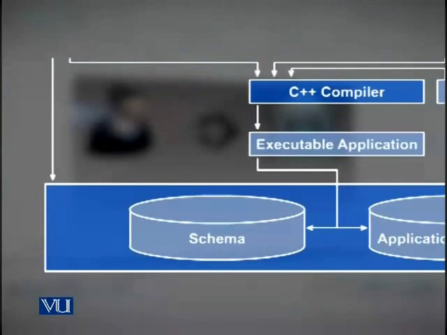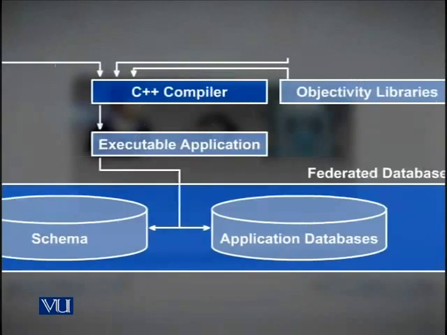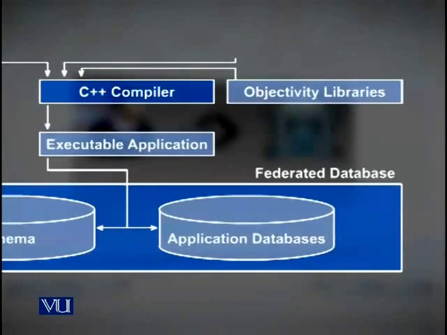And if any Objectivity libraries are used within your application, those are also given to the C++ compiler. The C++ compiler compiles all these files and creates an exe file, which is your executable application program. This application then interacts with the federated database.